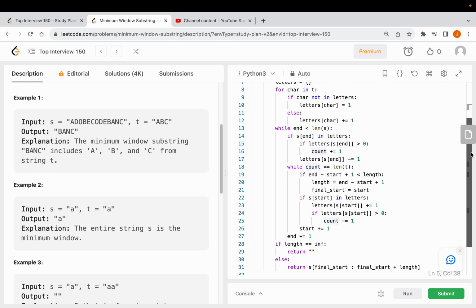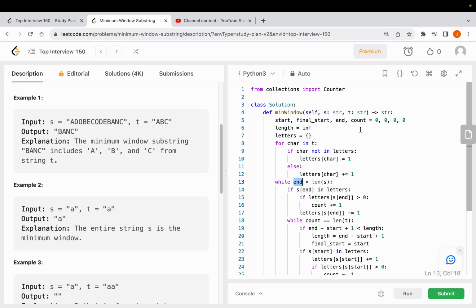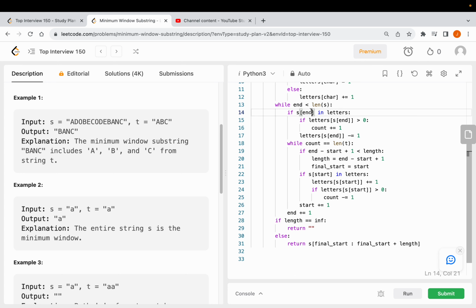Now for the main part of the algorithm. End is the end of the current window, start is the start of the current window, and we're starting with 0 and 0. So we're looking at the first character. Is this one of the characters that we're looking for?